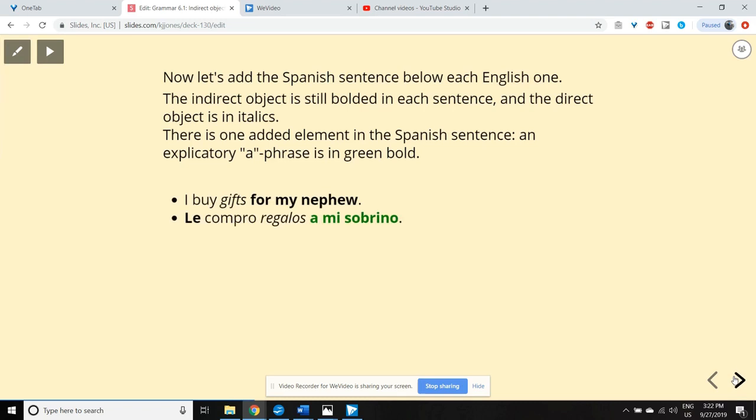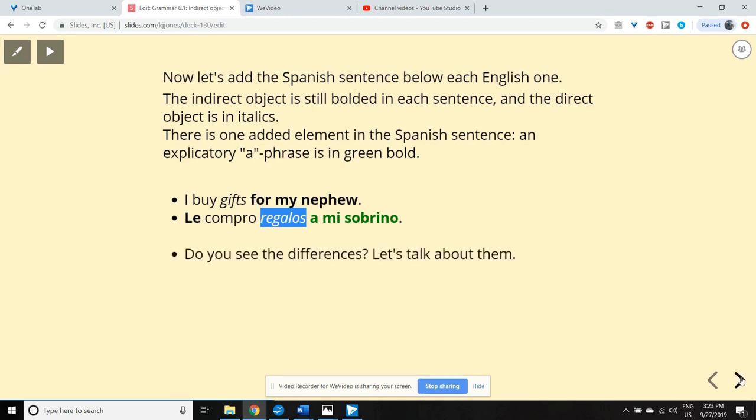In Spanish, it is le compro regalos a mi sobrino. So compro qué? I buy what? Regalos. Regalos is the direct object of the verb compro. And a quién? A mi sobrino.